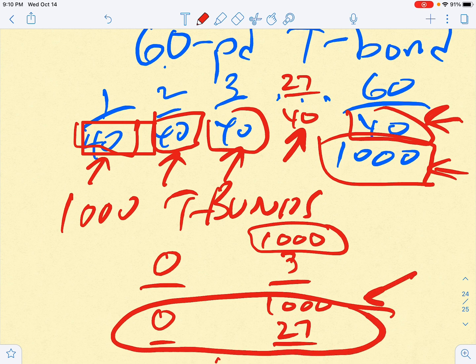Again, here in this example, it's just one maturing at 1,000, but up here, we assume they had 40 of them because they did 1,000 bonds. So instead of $40, it's 40,000.